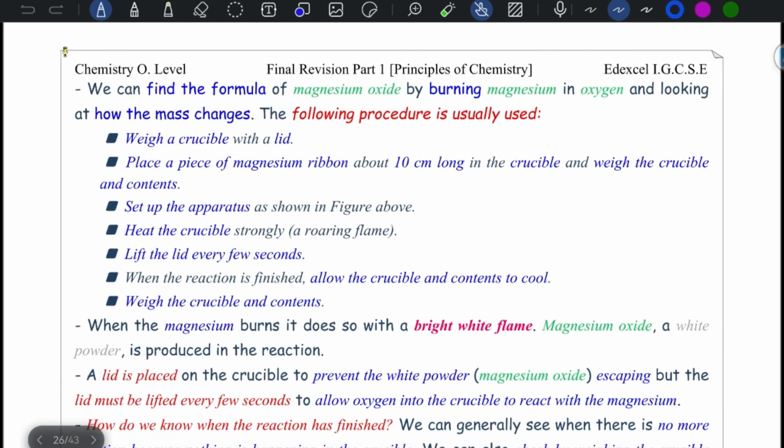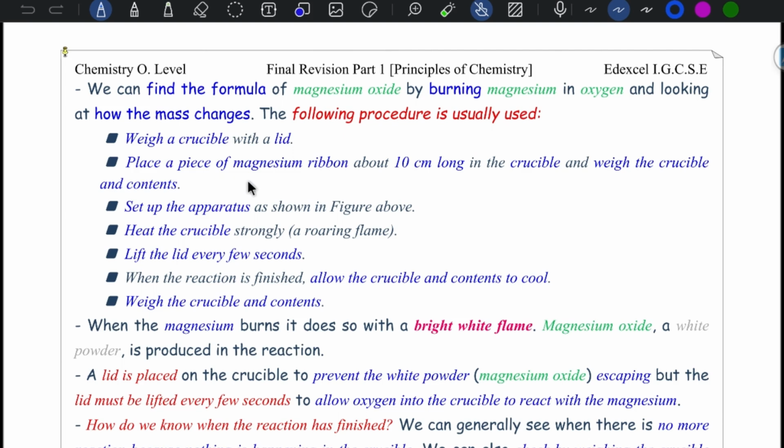Let's see the procedure. We can find the formula of magnesium oxide by burning magnesium ribbon in oxygen and looking at how the mass changes. You know that the mass will increase because magnesium is converted to magnesium oxide. The following procedure is used. Weigh a crucible with a lid.